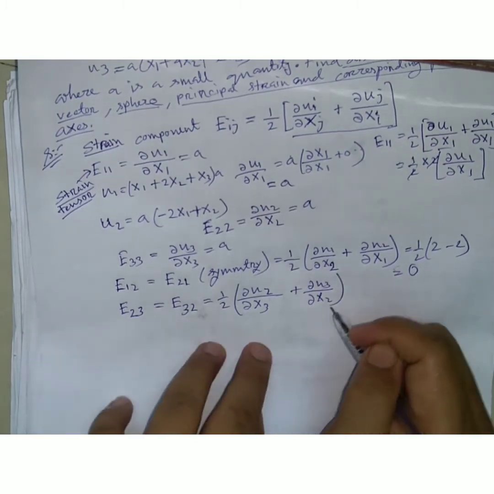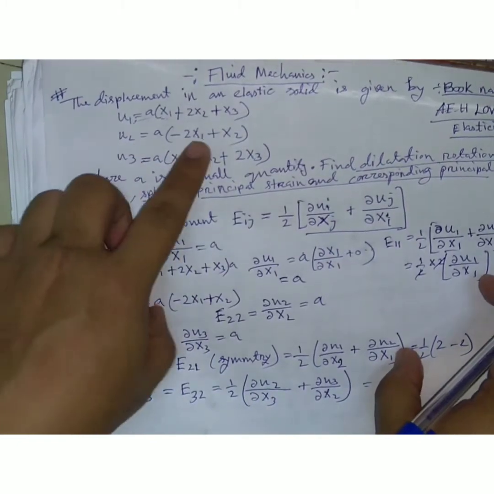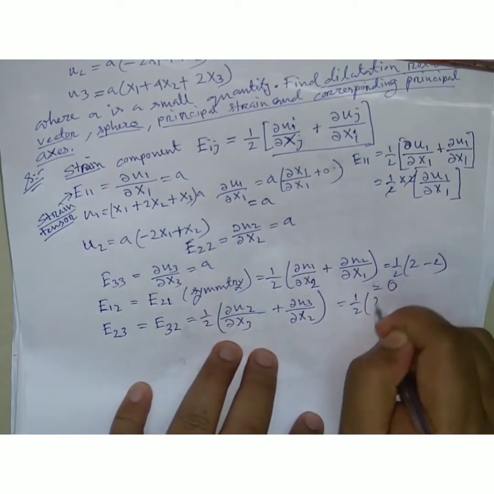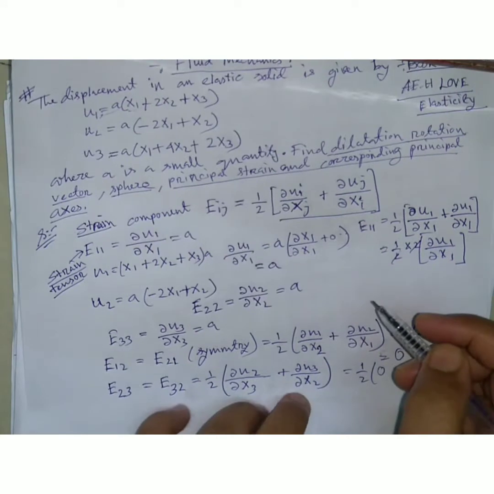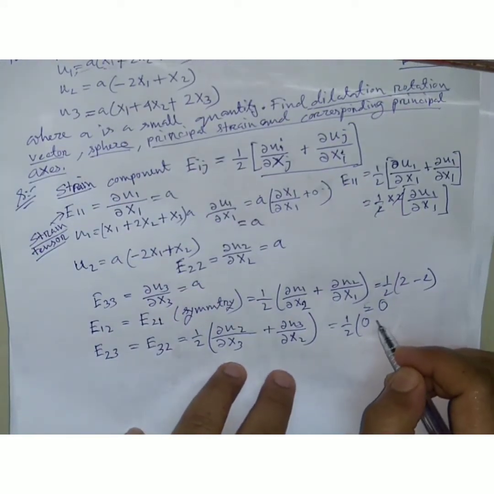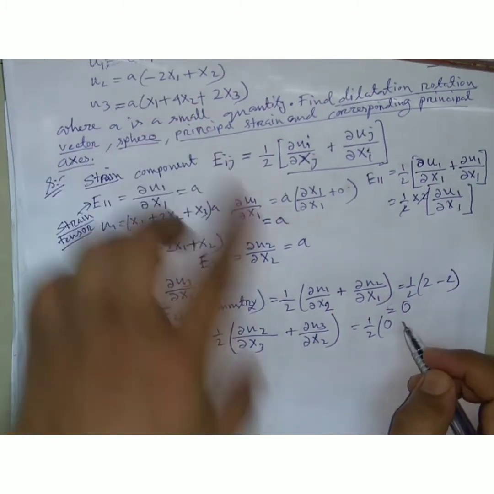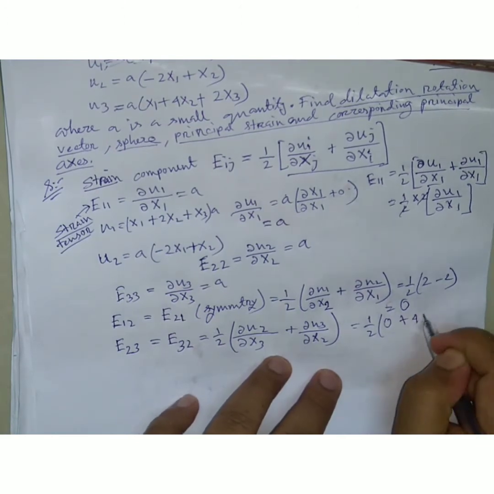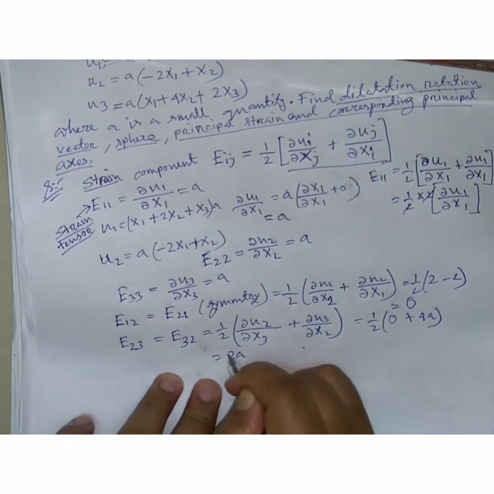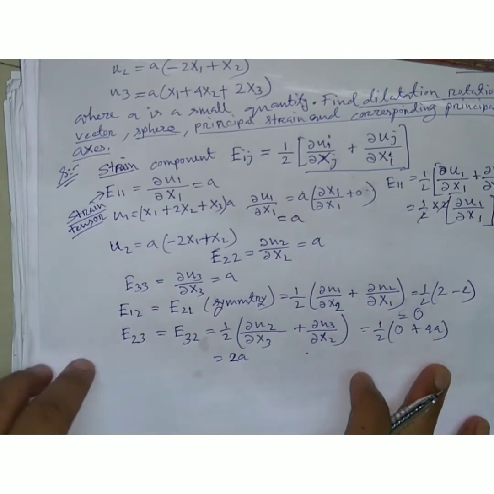Del u2 divided by del x3 is nothing, so it is 0. And del u3 divided by del x2 is 4a. So half into 4a, I get 2a.